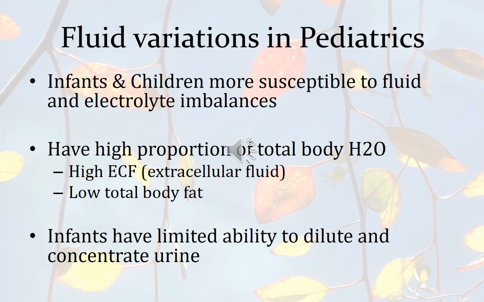Approximately 50% of extracellular fluid in infants is exchanged each day. You want to remember that. Another reason they can become dehydrated very quickly is because their kidneys are inefficient at concentrating or diluting urine, and also because children have a smaller body surface area and a larger amount of fluid.